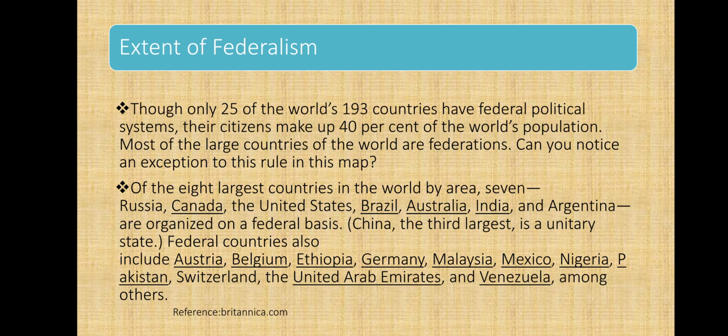Other examples of federal countries are Austria, Belgium, Ethiopia, Germany, Malaysia, Mexico, Nigeria, Pakistan, Switzerland, the United Arab Emirates, and Venezuela. So we can clearly see that the extent of federalism looks less in number but covers a large population.